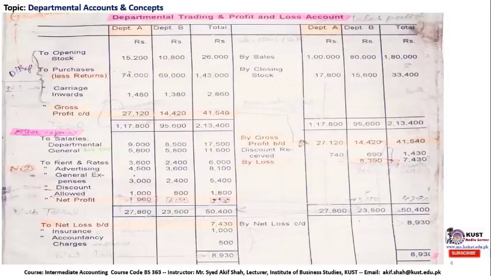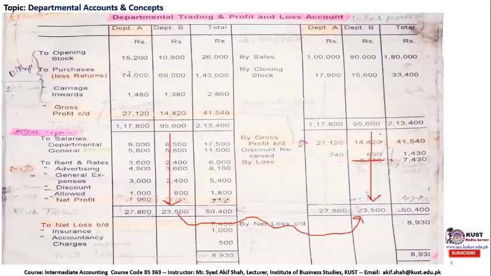Similarly, once again we have to add both sides. The method is to add up both columns. Let's suppose this value was not mentioned. Add up both columns, and this column value was greater than Department B's right hand side, so we can directly move this value here. 23,500 were our total expenses.